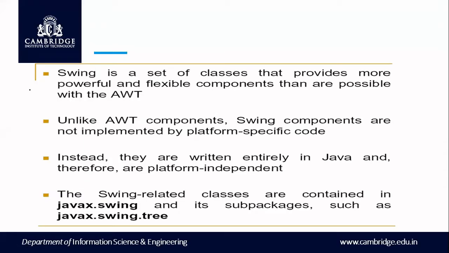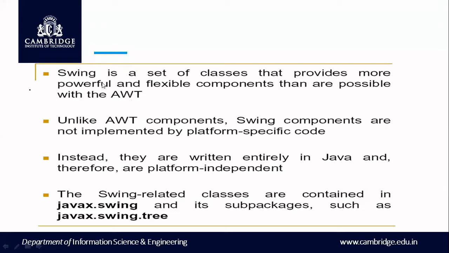Next, we are going to study more about swings. Swing is a set of classes. As I told you, it is used to create an application, right? For that, it has a set of classes that provides more powerful and flexible components than were possible in AWT.